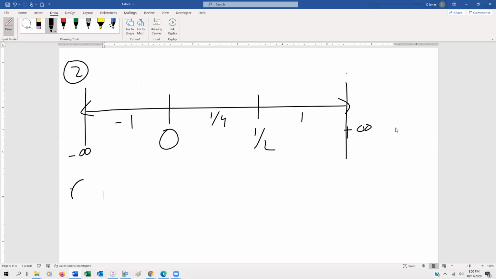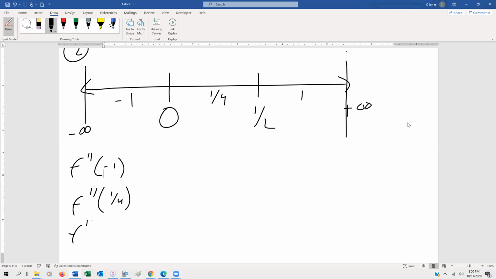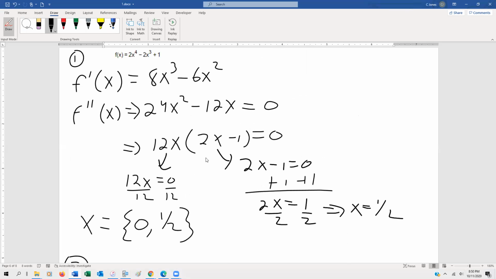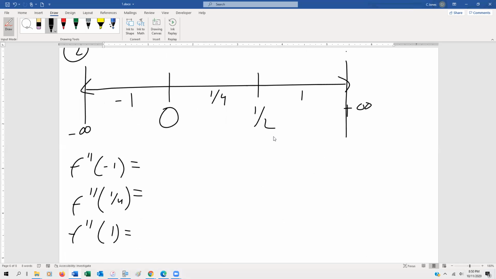We are now going to substitute those values back into the second derivative. Be careful, we're now using the second derivative test. Our second derivative, remember, is 24x squared minus 12x. So that's 24 times -1 squared minus 12 times -1, which is 24 plus 12, which is 36.